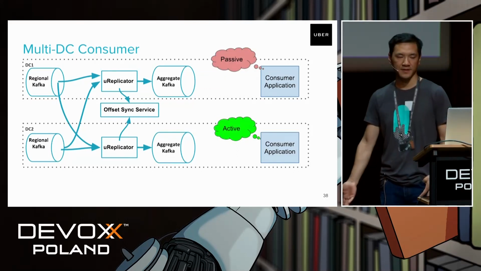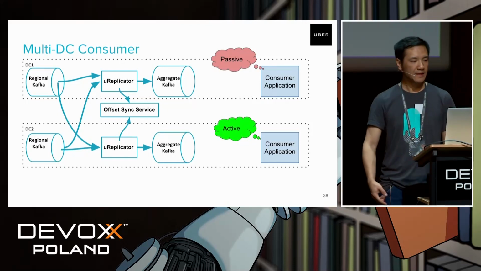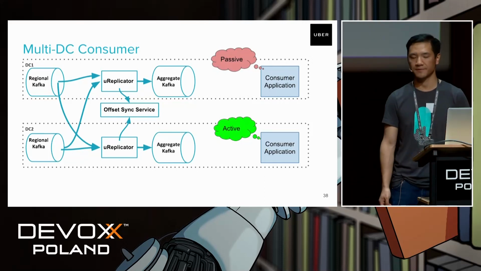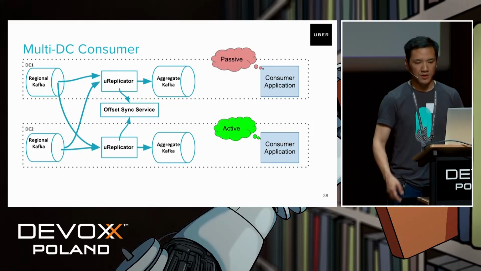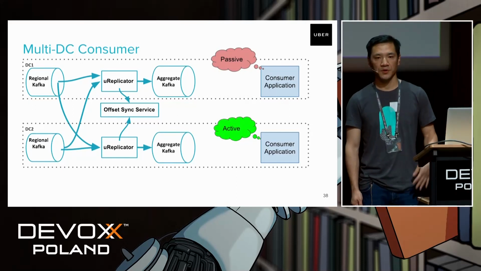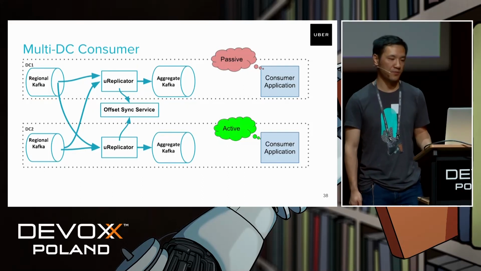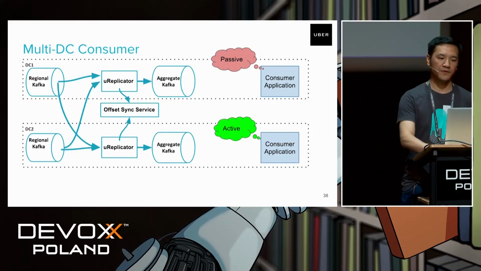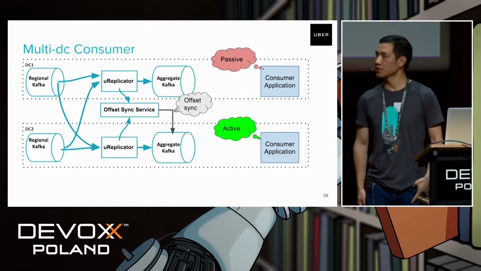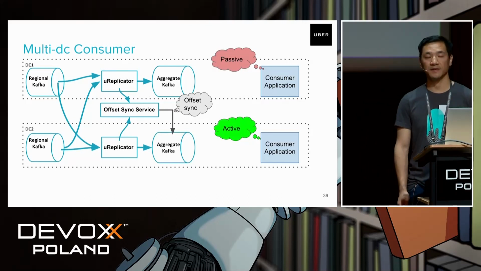So what happens in case there is a failover? DC1 becomes passive, and DC2 becomes active. To make sure the consumer application in DC2 consumes starting from the right checkpoint, the first thing we need to do is for the offset sync service to seek the offset from DC1.